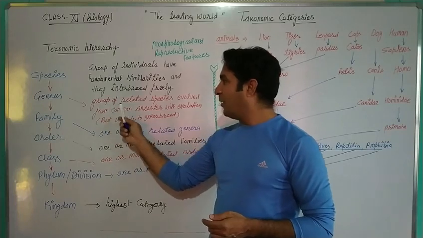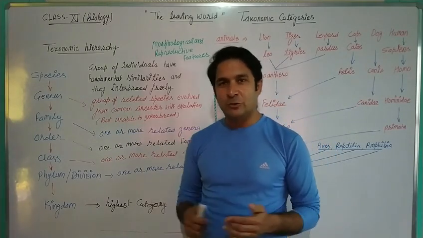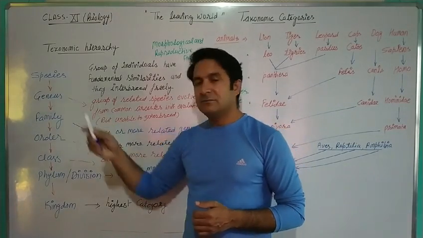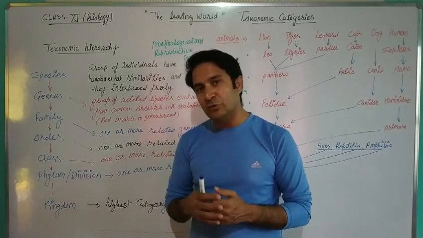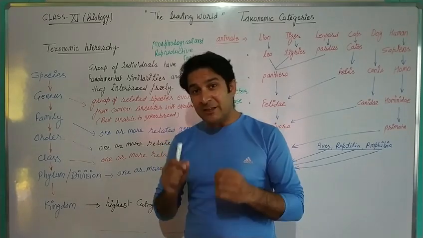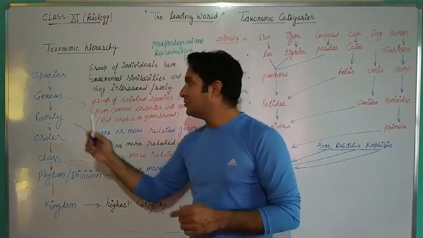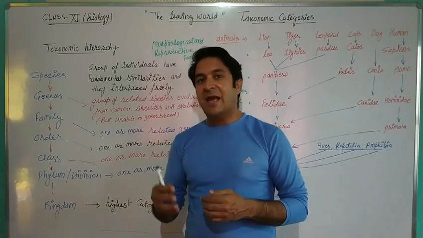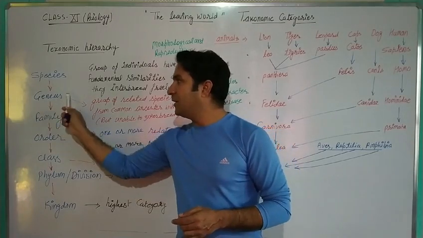The group of related species that evolved from a common ancestor is a genus. Meaning, if there are some species and you look at the history of their evolution, and these species have one common ancestor, having many similar characteristics, not all but many, they come under one genus.